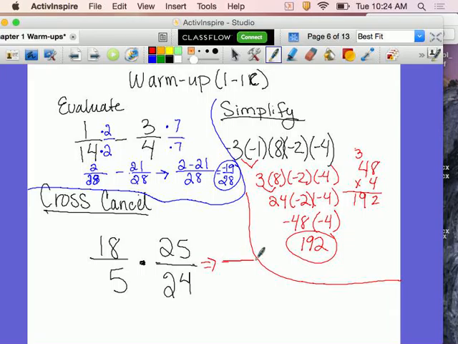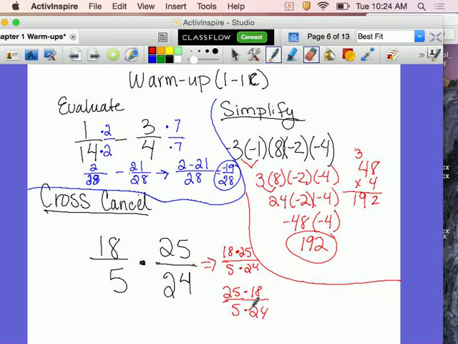I could mix this up, because it's really just 18 times 25 over 5 times 24. And then I can rearrange, because I know the 25 and the 5 will cancel. So using the commutative property, I would rearrange so it's 25 times 18 over 5 times 24. Let me fix my 5.